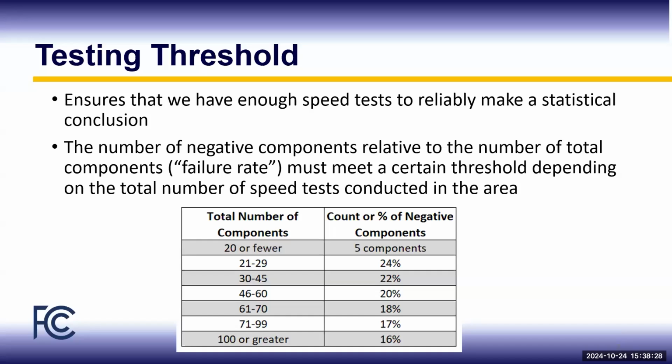When 20 or fewer speed tests are conducted, only 5 negative components of the same type test results are required to satisfy this threshold. If over 100 speed tests are conducted within the challenge area, the percentage of negative tests must be at least 16%.